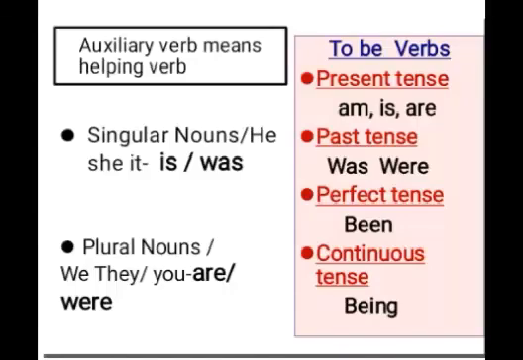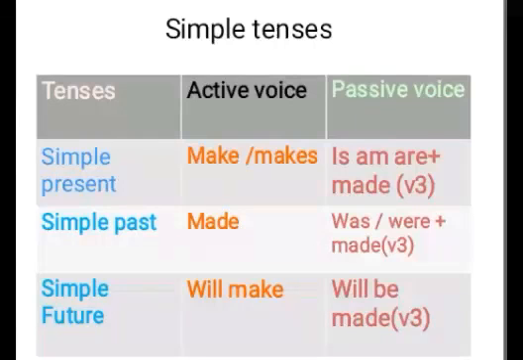Singular nouns and he, she, it take is or was, and plural nouns and pronouns like they, we, you take were or are. We need to add the proper helping verb of to be before V3 in passive voice.